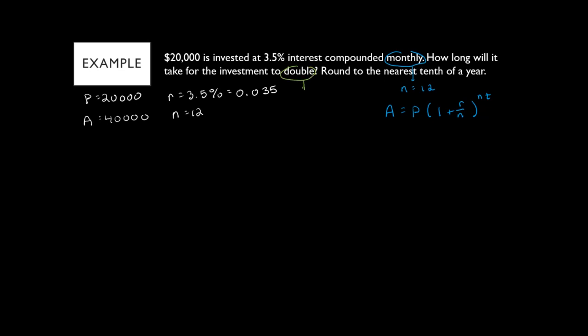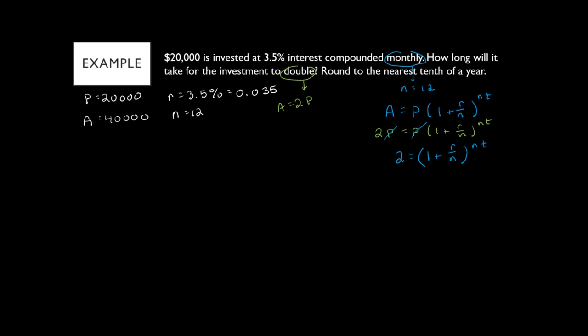So this double would be, your amount is 2 times P. So if we look at our formula, I can put that into the formula. And you may notice that basically I can cancel out a P on both sides. And so this gives us a formula which is actually simpler.